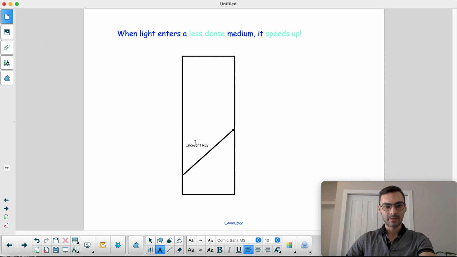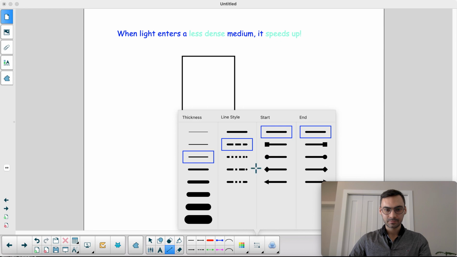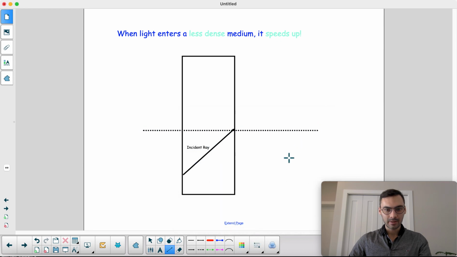And we know that there is going to be a normal from before, and our normal was our line that was right perpendicular, or right square, to where our incident ray hits our area. So let's, there, I've got to move it up a little bit.